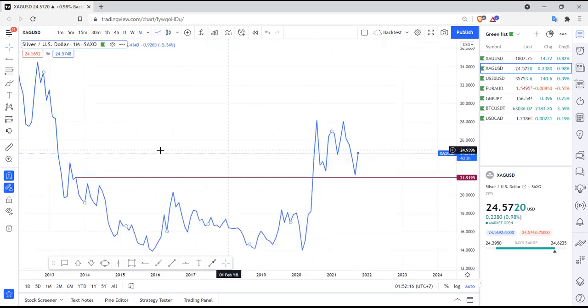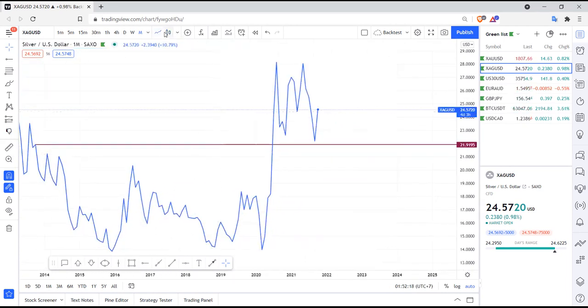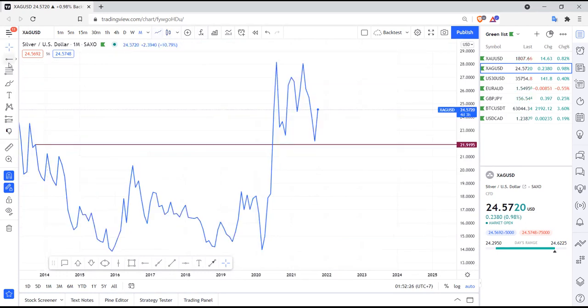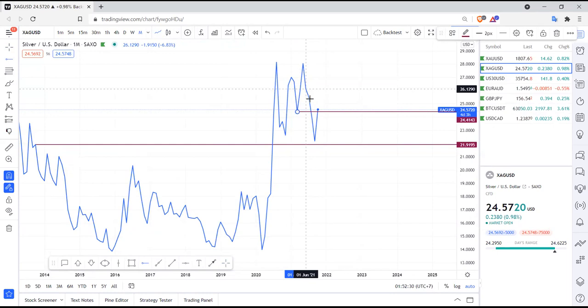Okay, so price in this red candle already rejected the monthly breakout. So the target will be the monthly breakout.